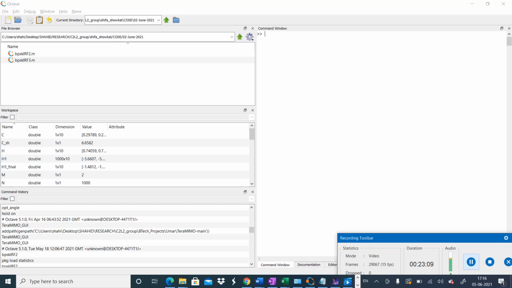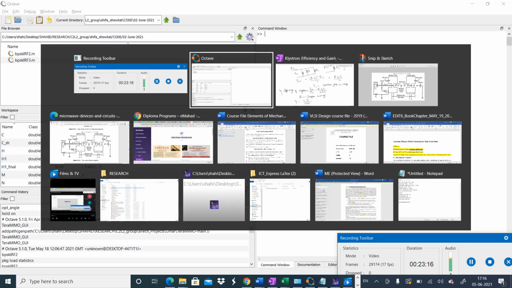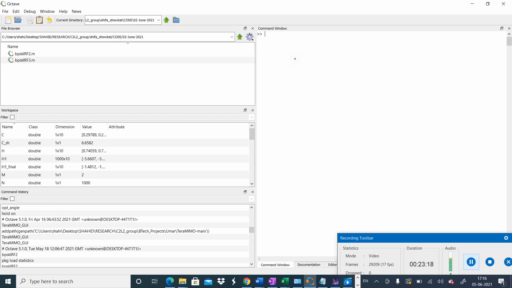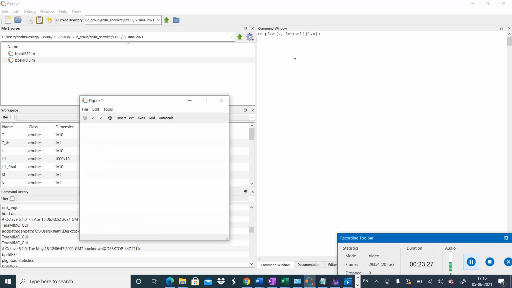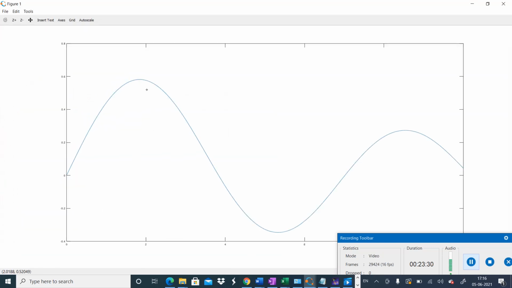Let me first plot again. I will repeat it. Plot x, with n equal to 1. You see this maximum value occurs at this point.